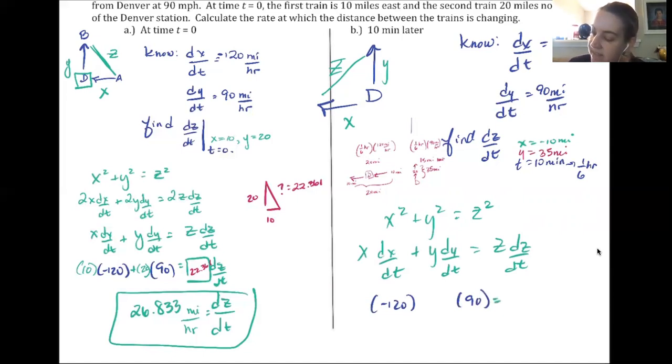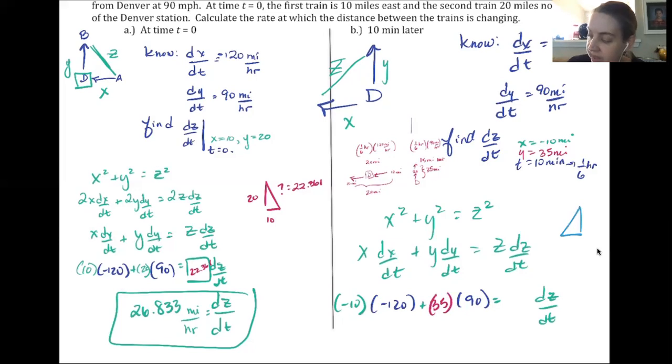So x, we said that distance is negative 10, so we're going to put that in. We said that y had a distance of 35. And z, we're going to come back to that in a second. The dz dt is what we're solving for. So, you know, there's a lot going on here. You're going to have questions. Make sure you're asking them, please.